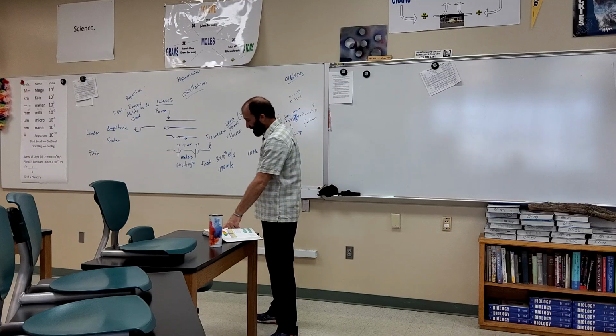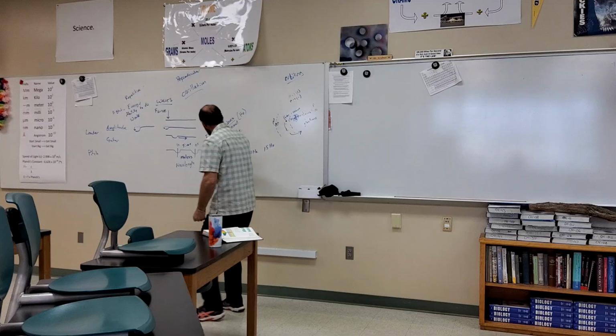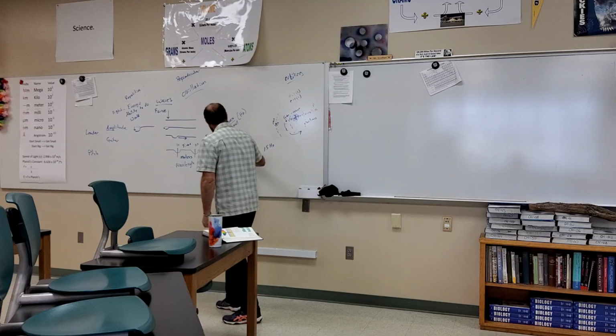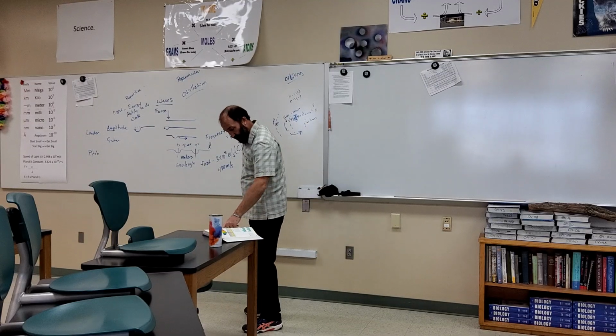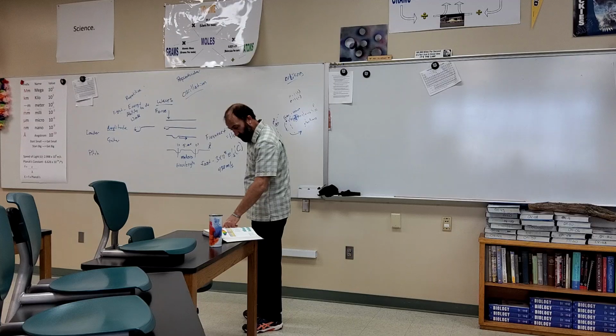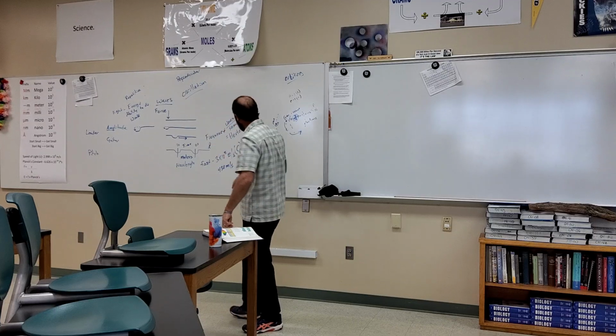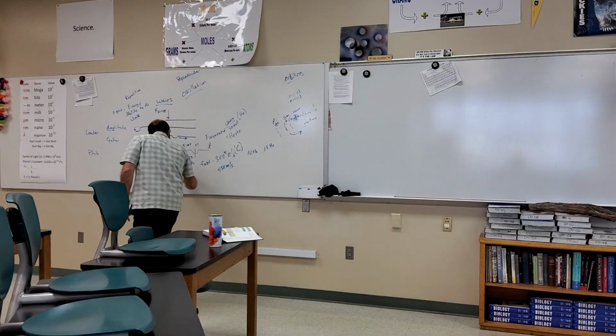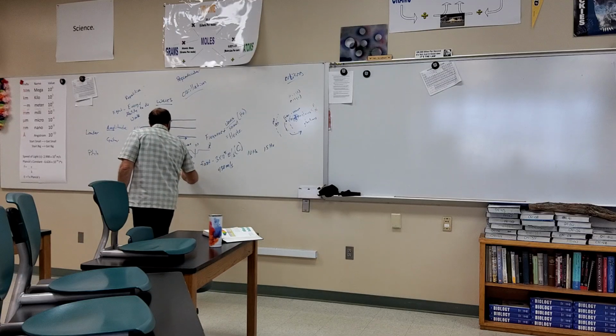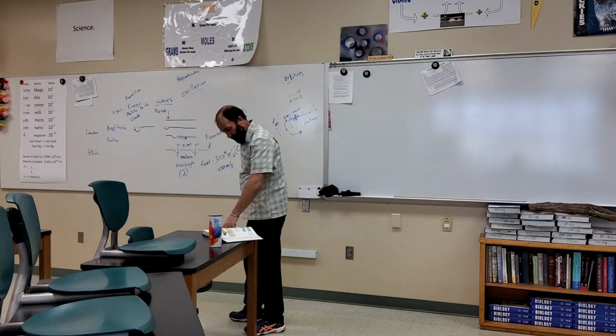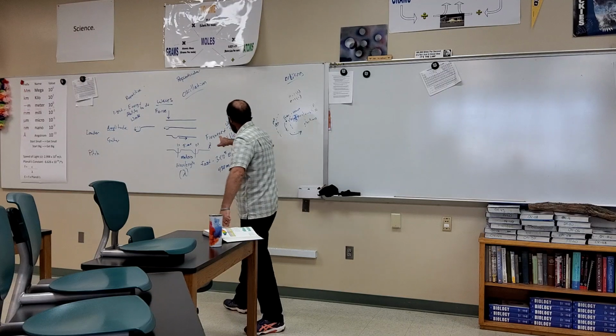In the equation, c is the speed of light. That symbol, lambda, is the wavelength. And nu is frequency.